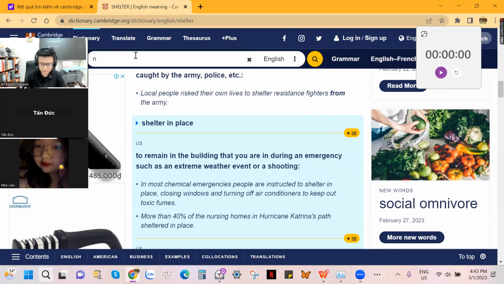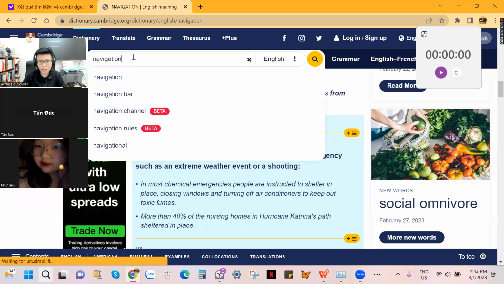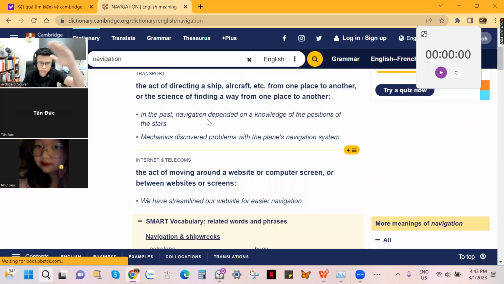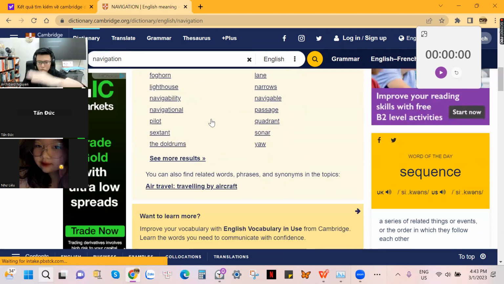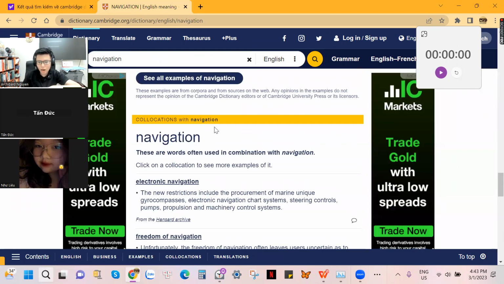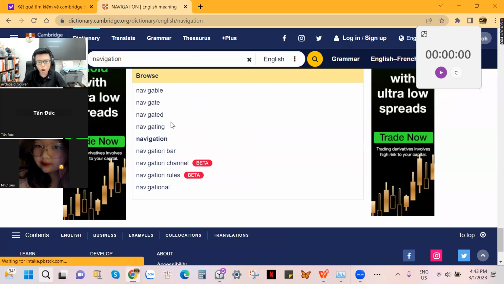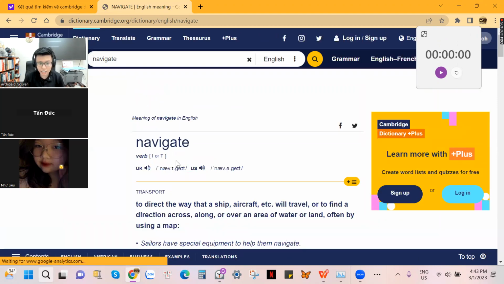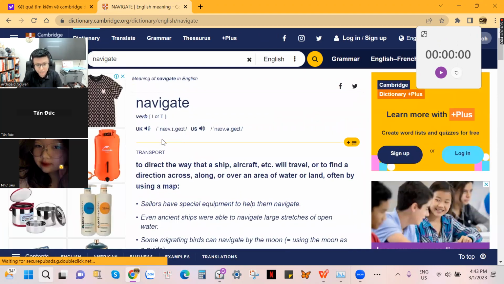Here I type navigation, and you just need to scroll down to find the action verbs of the word navigation. Here we have the word navigate. This is the action verb of it, and that is how we find action verbs from nouns in English.